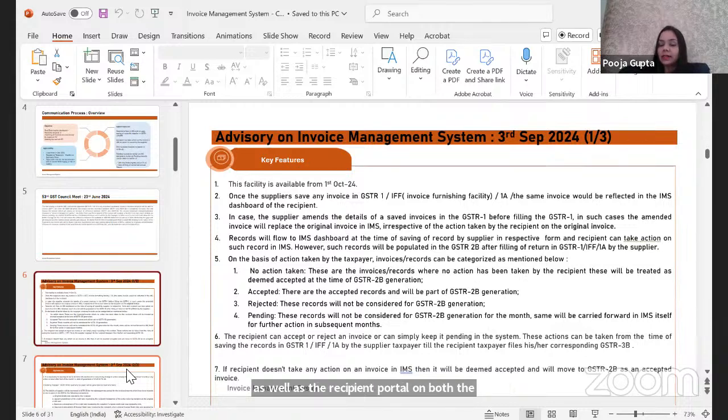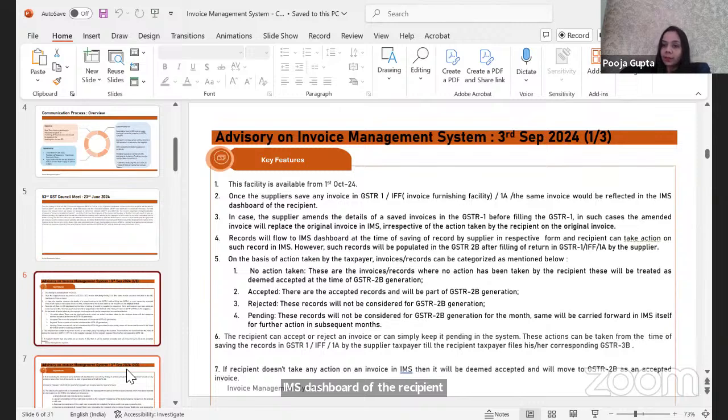We want to say here that the original will get replaced with the amended one if the action has been taken by the supplier before furnishing the GSTR 1 of the respective month. And these records will flow to the IMS dashboard of the recipient on a real-time basis.